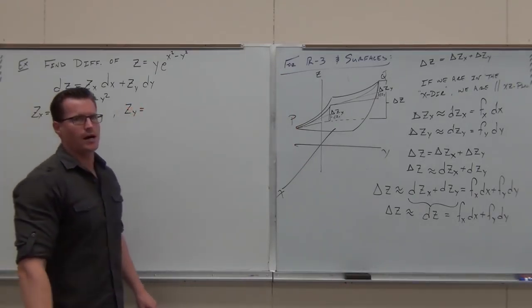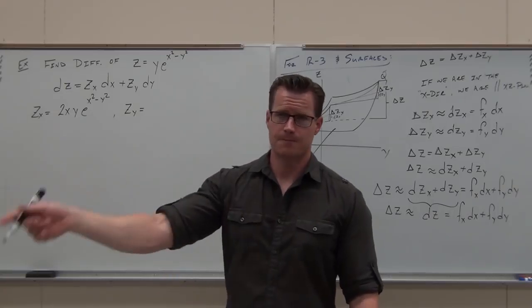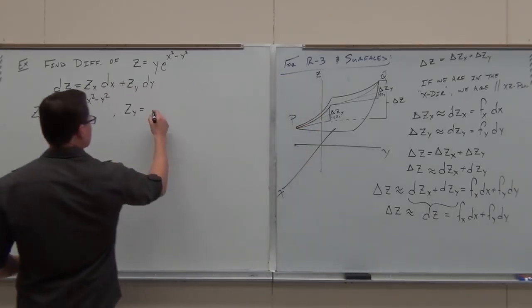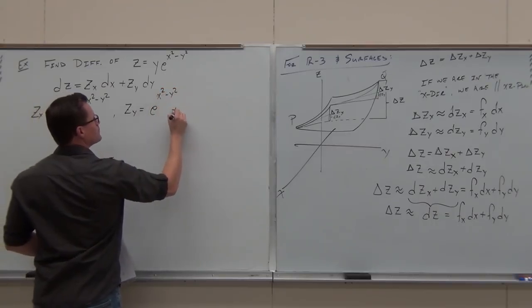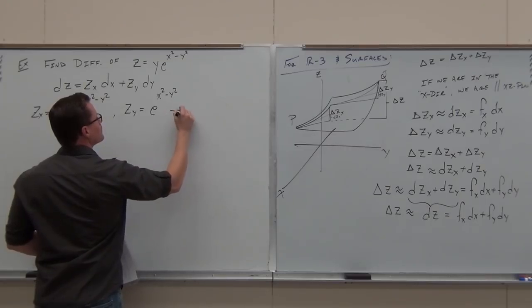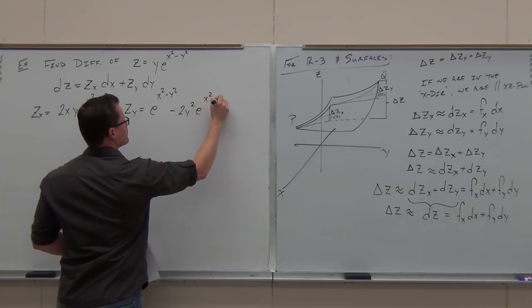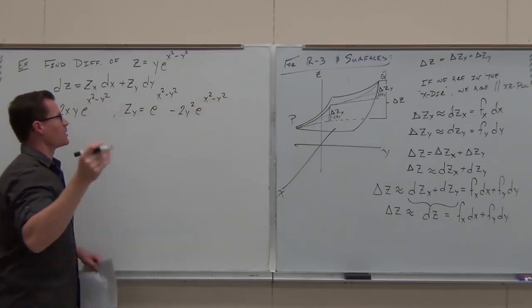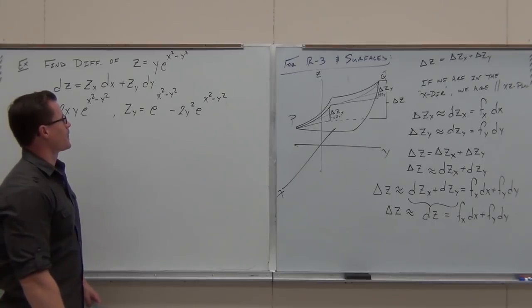With respect to y, what do I need? Product rule and chain rule. You can check my work on that one if you would. I'd appreciate it. It should be plus. Shouldn't it? Minus.